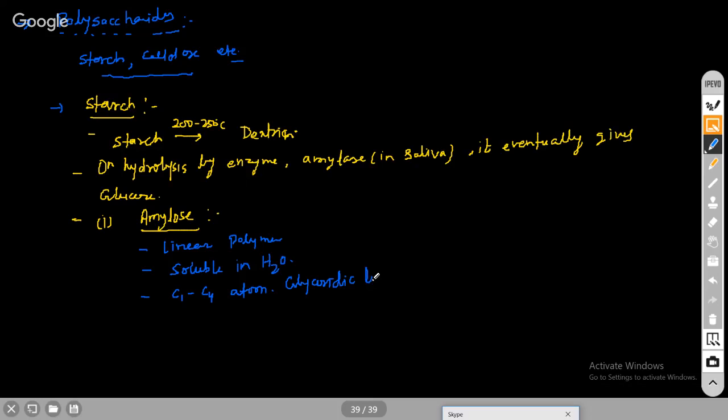Glycosidic linkage. That's why you see in C1 and C4, if glycosidic linkage forms, so you'll get a linear polymer like this, and then this, and then this. C1, C4, C1, C4, like this it goes. Understood? That's why it is linear polymer.